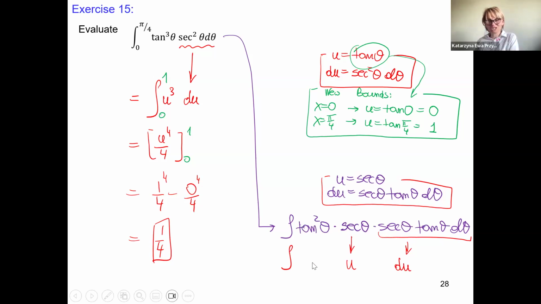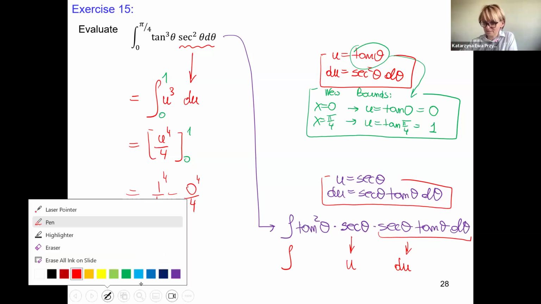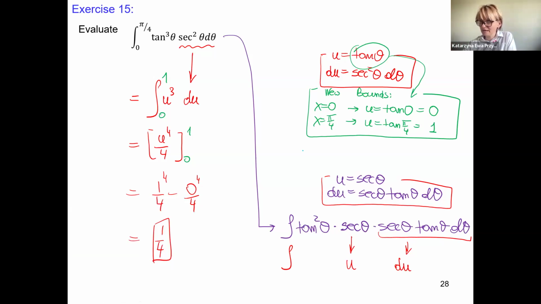I cannot put tangent square directly, but I will rewrite tangent square in terms of secant. What is tangent square theta in terms of secant theta? Do you remember that property? Tangent square theta plus 1 equals secant square theta. It's just the Pythagorean identity, but for secant and tangent.